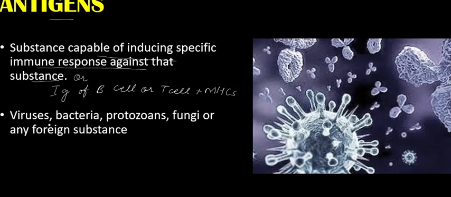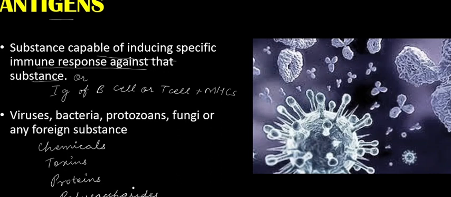Now, antigens exist in various forms. They can be chemicals, toxins, proteins, polysaccharides, lipids, or nucleic acids, which may be derived from microorganisms.